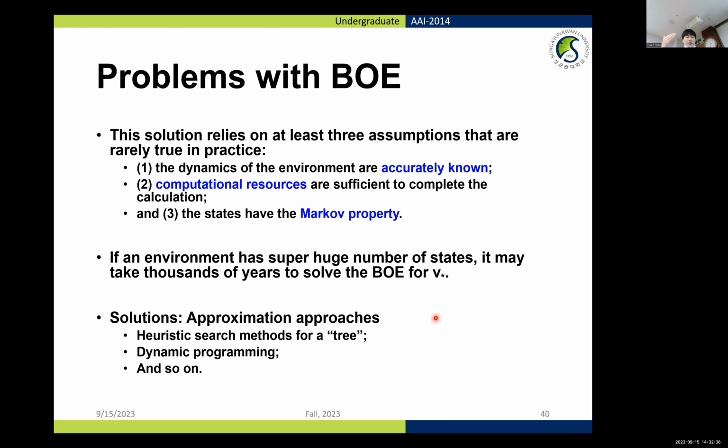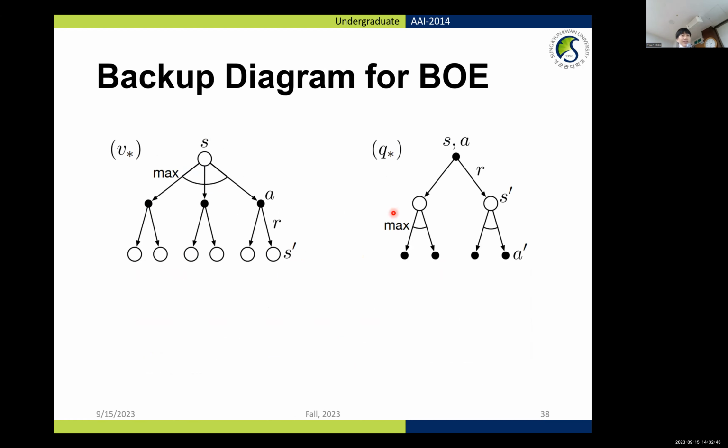People have developed a lot of approximation approaches, like heuristic search methods for a tree. If you look at this backup diagram and write it as a tree, the Bellman optimality equation is just a tree search, right? It becomes a very huge tree if you keep expanding the states, depending on how many states you have.